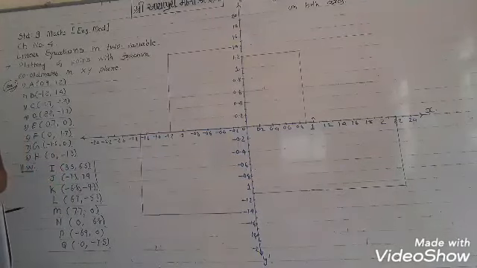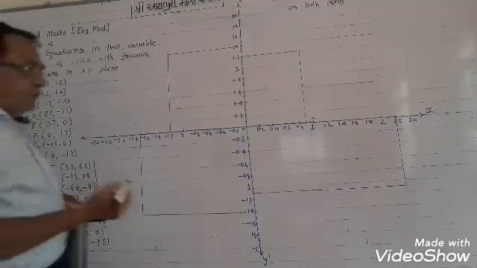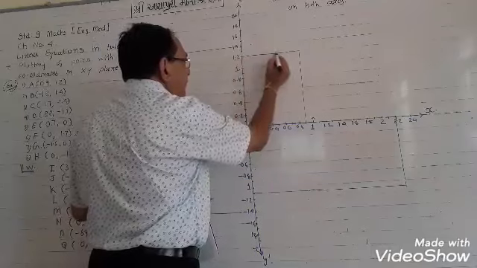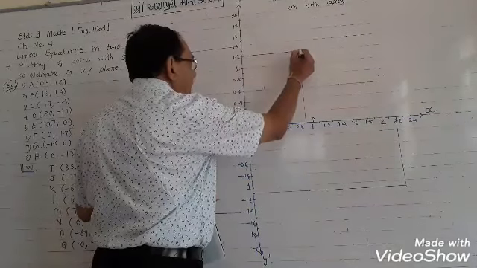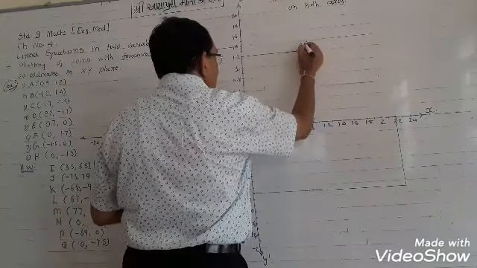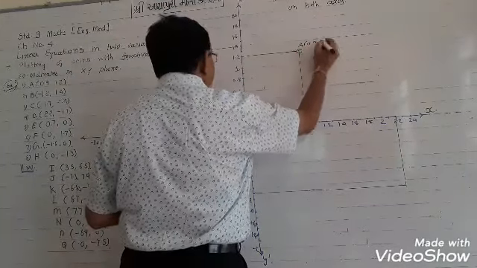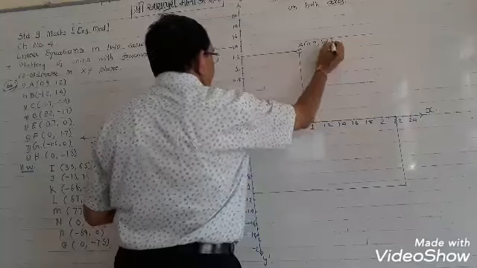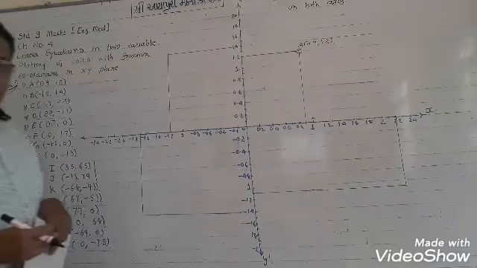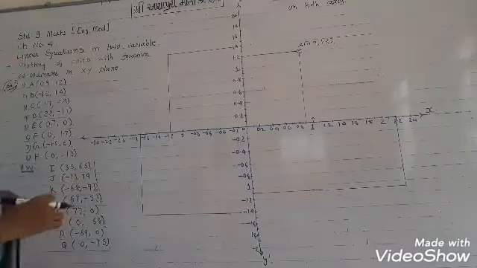So 0.9 and 1.2. I have taken 0.9 and 1.2 here, so you will get this point, and that is A equal to (0.9, 1.2). Both are positive, so it is in the first quadrant.